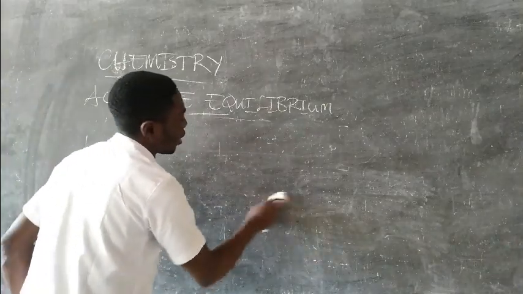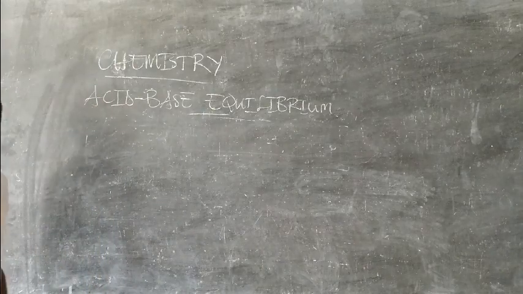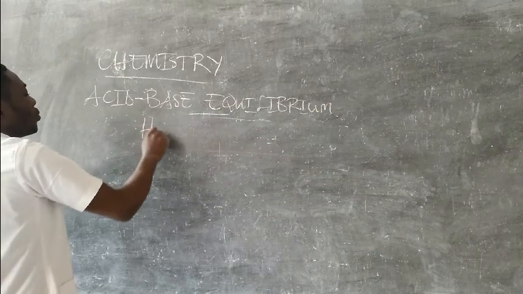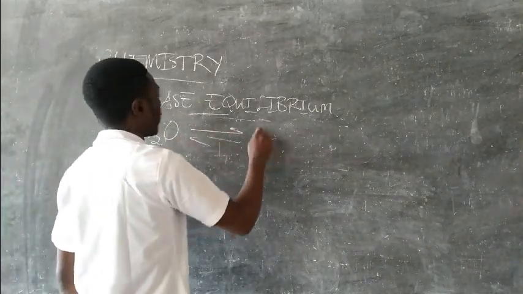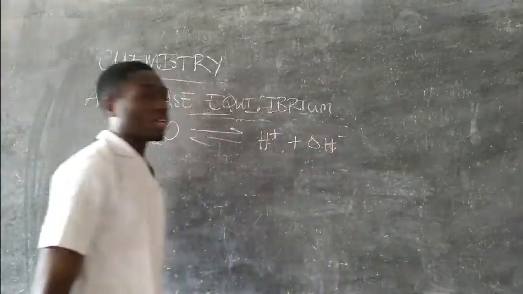Now let's talk about the ionic dissociation of water. At equilibrium, at 25 degrees Celsius, or at any time, water can dissociate to give us H plus and OH minus ions.